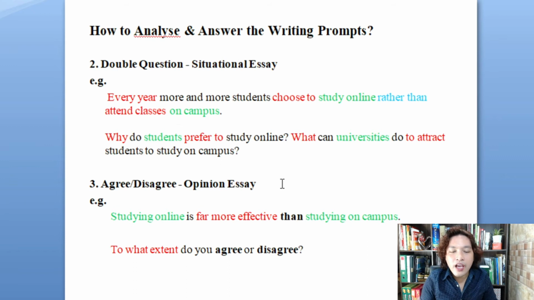Next, another IELTS question type is the agree or disagree statement, or an opinion essay. For example, studying online is far more effective than studying on campus. Again, look at the comparative clauses: far more effective than studying on campus. You need to compare and contrast studying online versus studying on campus.